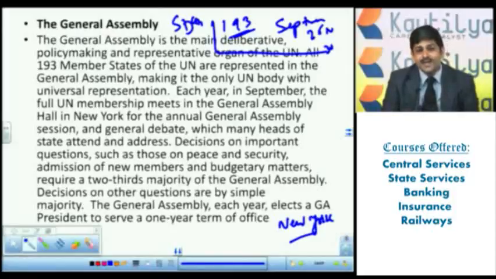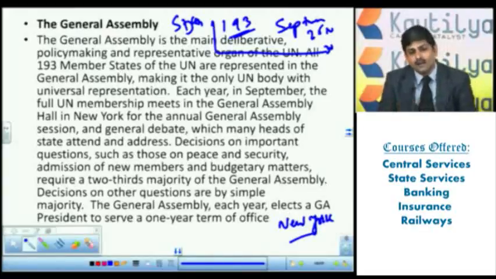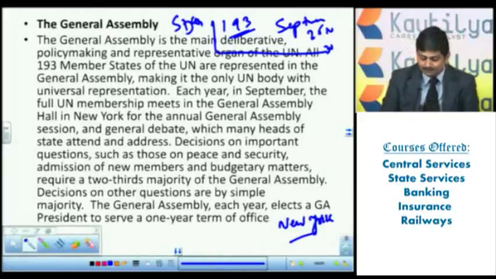The United Nations General Assembly adopted these Sustainable Development Goals on 25th September 2015. The programs will be implemented from 2015 to 2030. Almost 17 goals are there, and again sub-goals are there. In total, 169 goals are there.